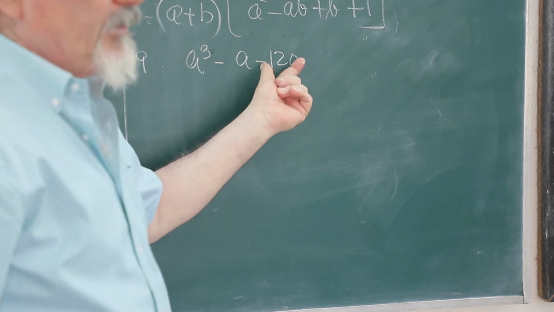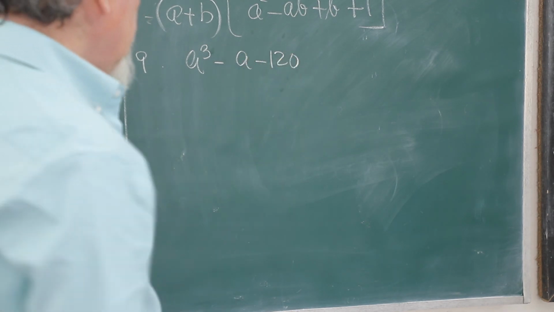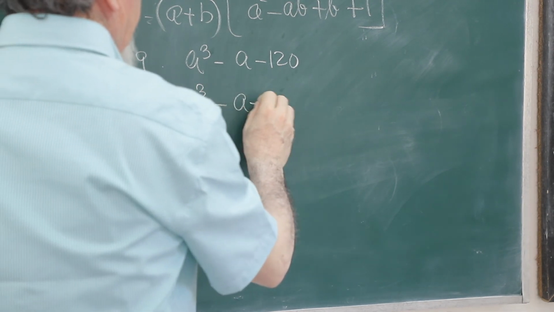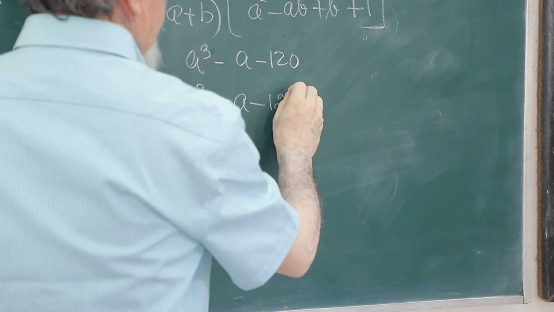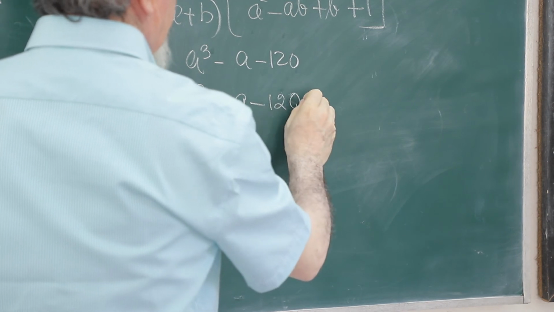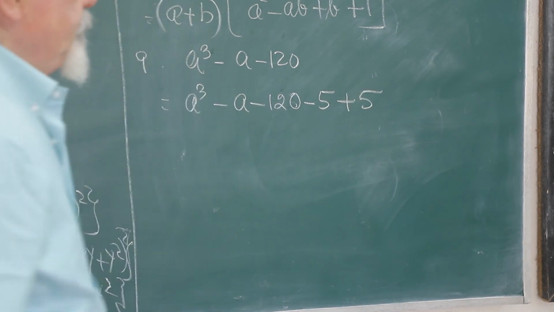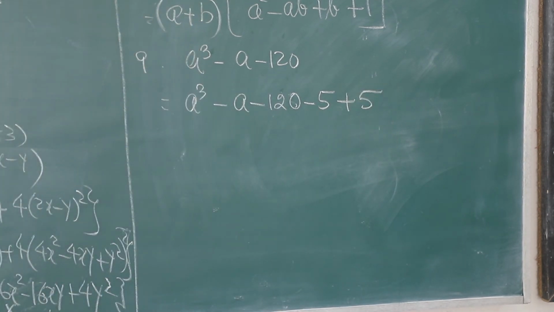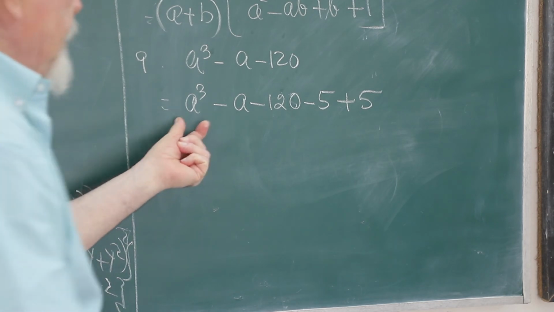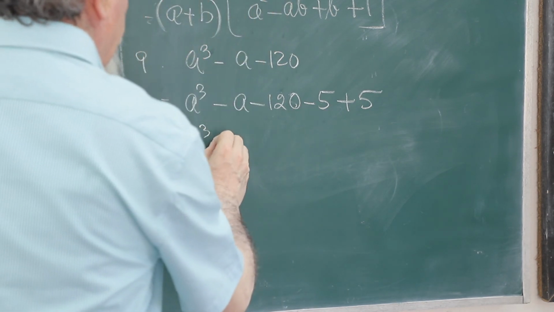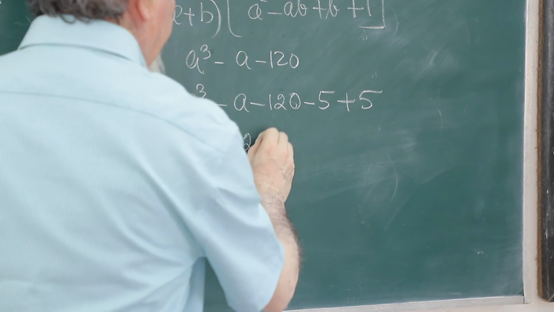I see 120. So what I do is a cube minus a minus 120 minus 5 plus 5. Because a cube minus 120 minus 5 will become a cube minus 125.